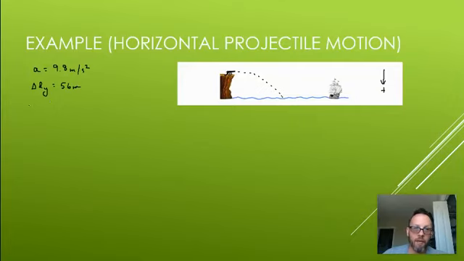Since this problem is a horizontal projectile, v1y is 0 meters per second, and our vx in the horizontal direction is 60 meters per second. What we're interested in finding is how far it travels.